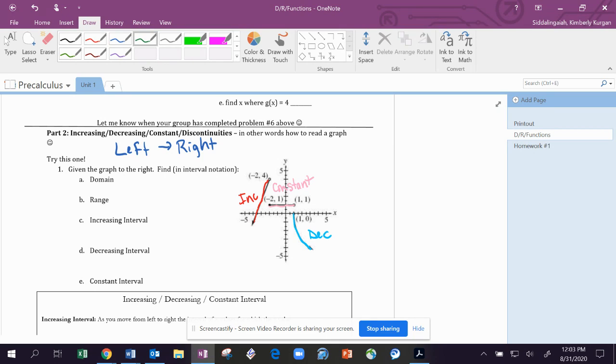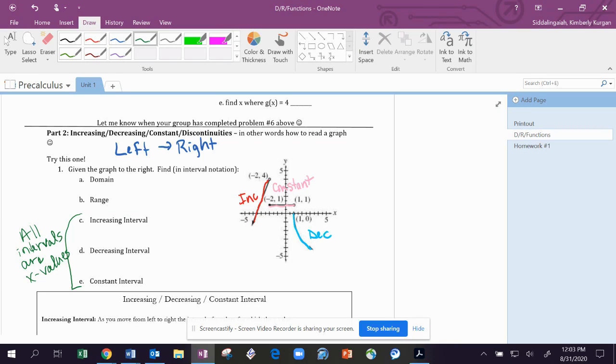So what does that mean? That means these intervals, let me write this down, all these intervals are for x values. And you're always going to be using parentheses because at the endpoints, you're not really increasing or decreasing.